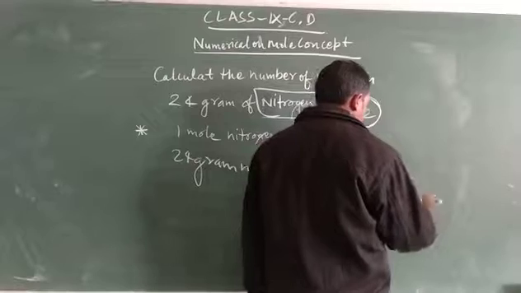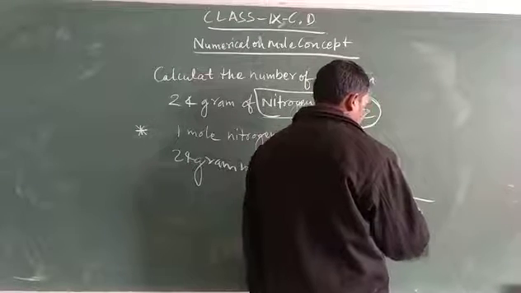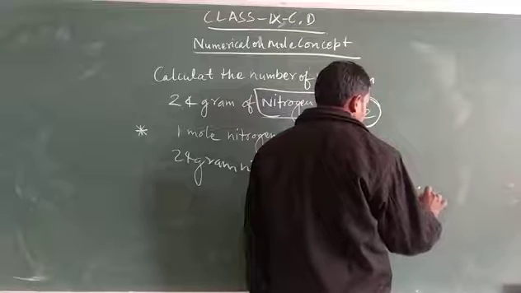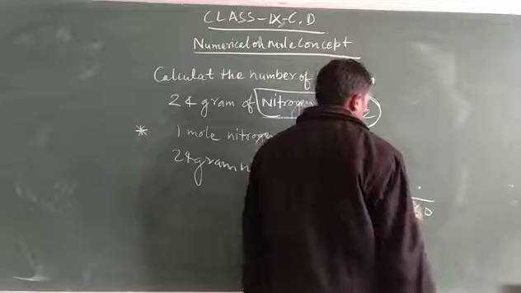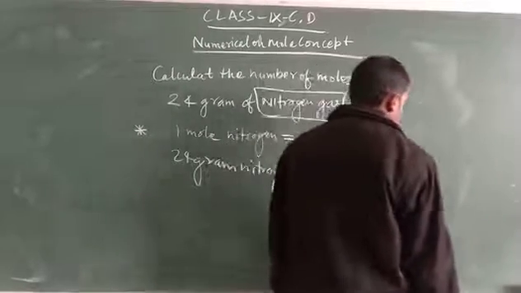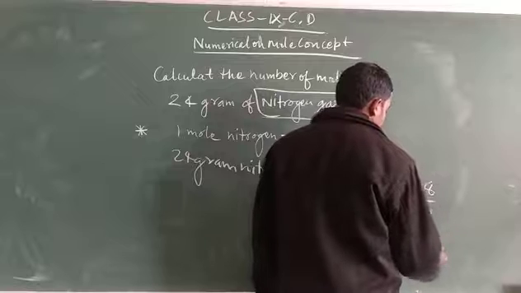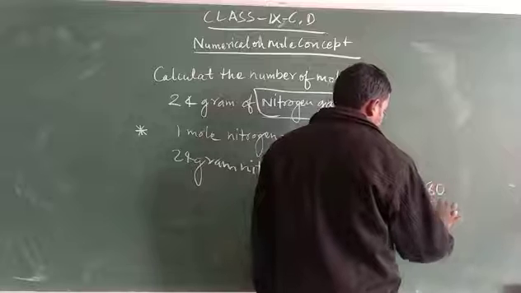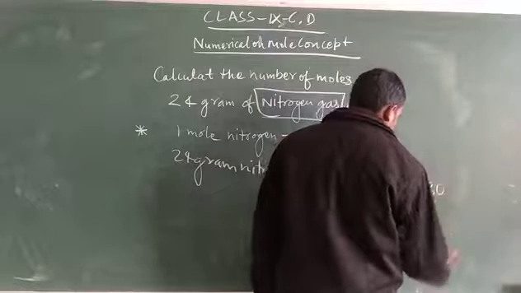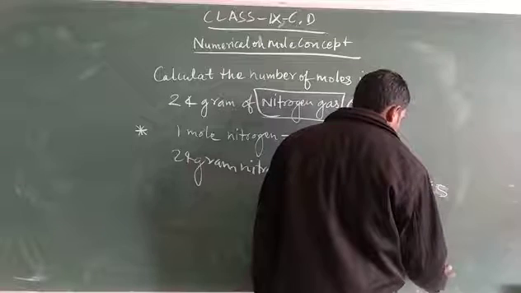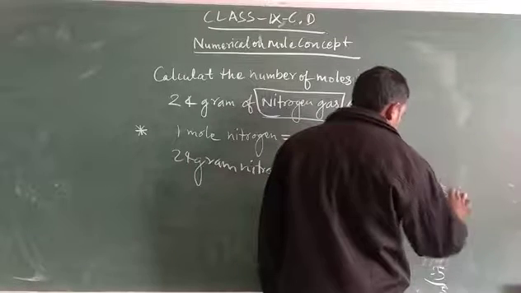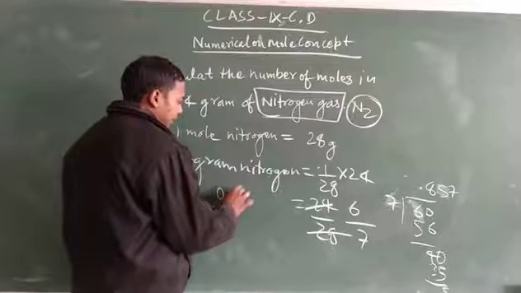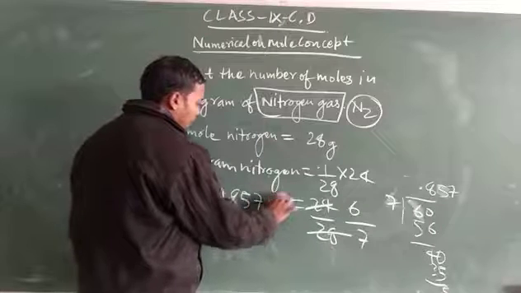So 6 into 7.0, 7 8 56, 4, 0, 7 5, 45, 5 7 7 49. That is 0.857 moles are present.